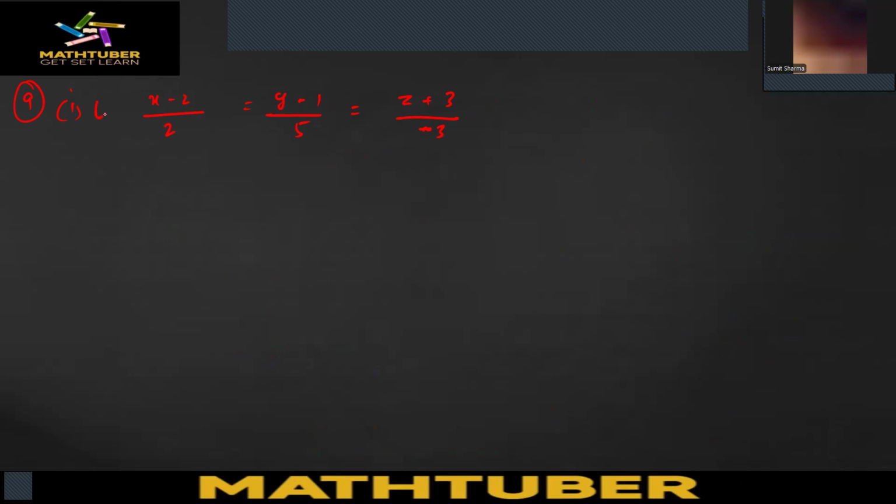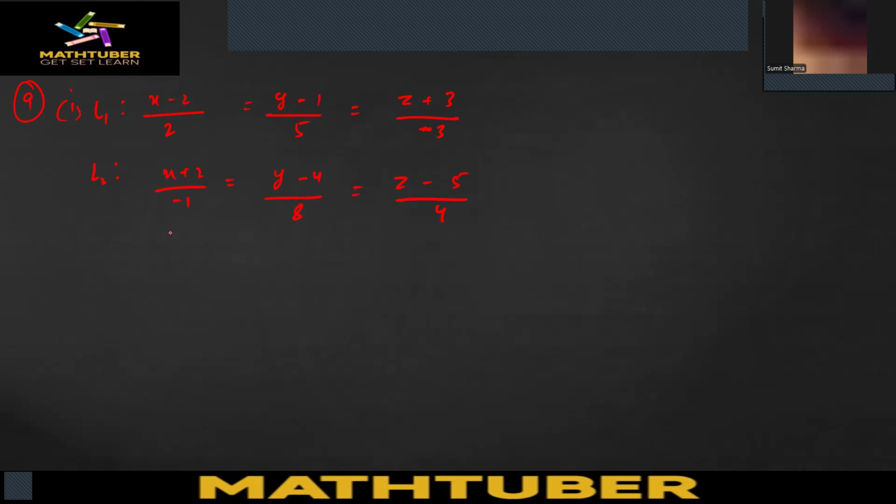This is L1. The L2 equation is (x plus 2) upon minus 1 is equal to (y minus 4) upon 8 is equal to (z minus 5) upon 4. So as we can see, all of them are in standard form.